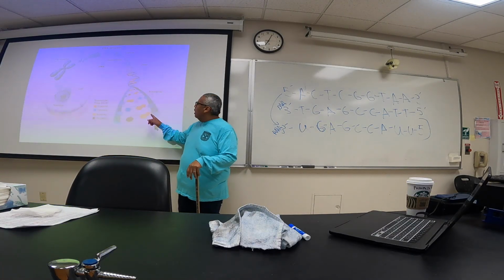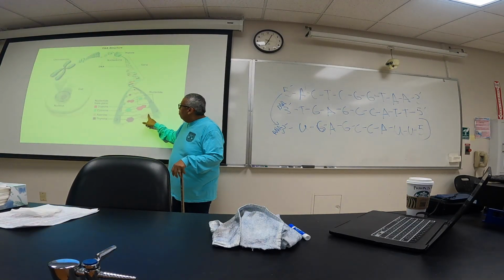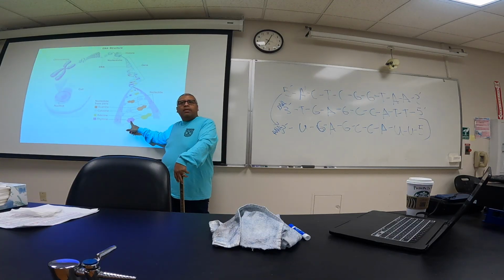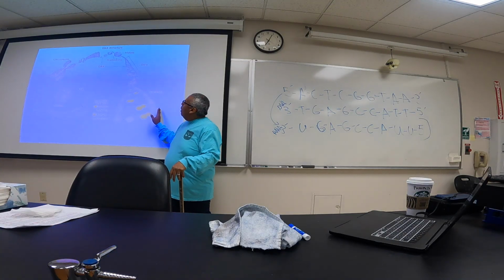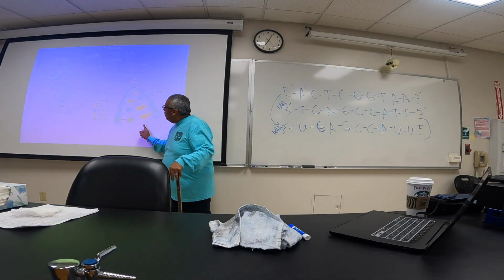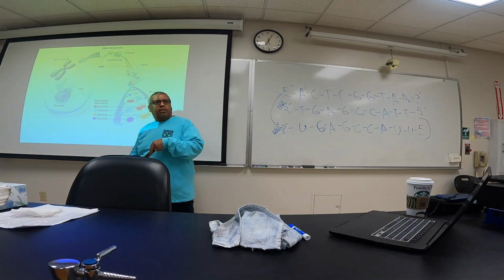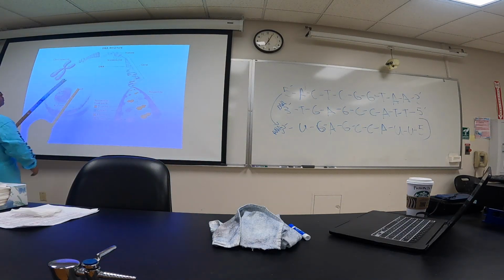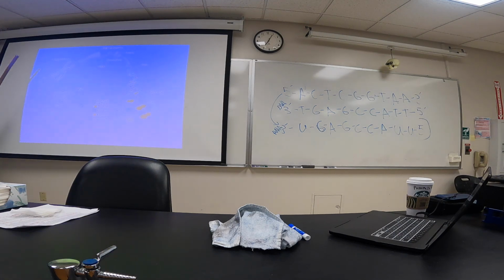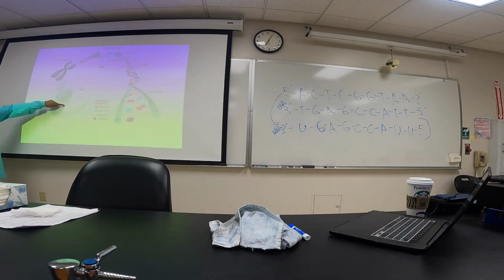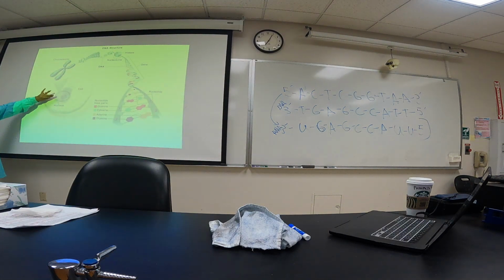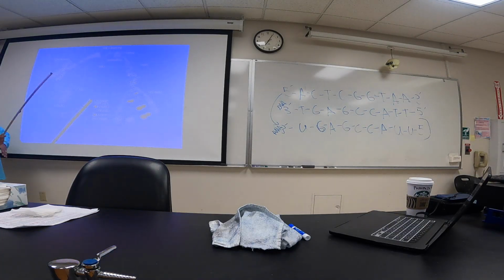Hydrogen bonding between this purine and this pyrimidine base here, and the sequence of those is everything about me. It's just some basic chemistry, all wrapped down here. So inside here we have these 46 chromosomes.